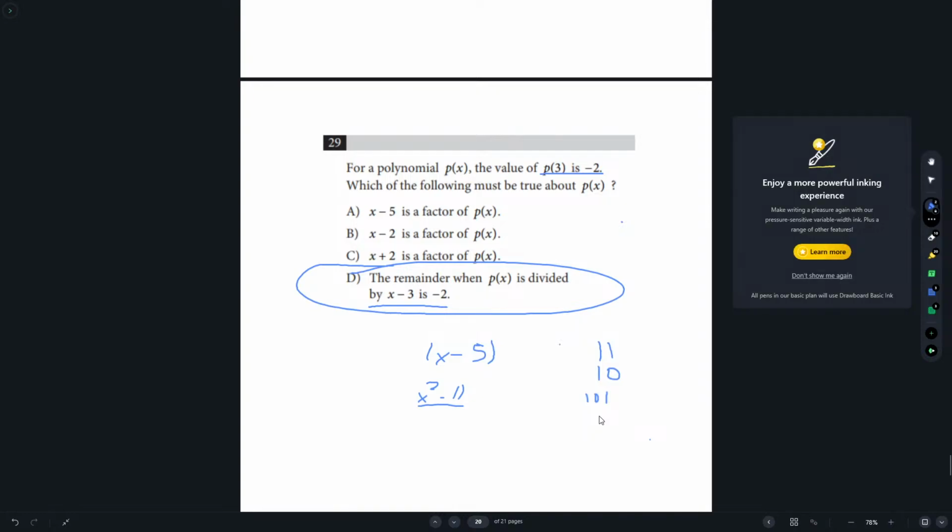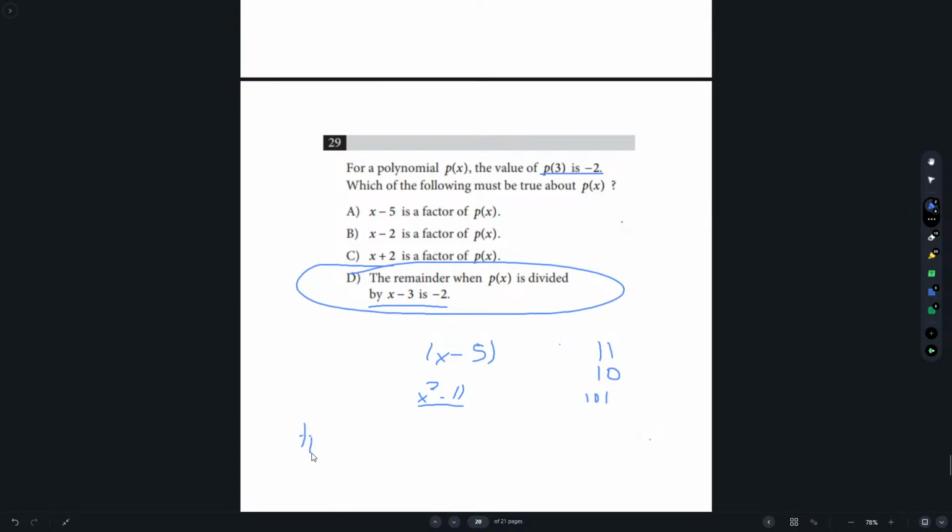Is it in the wording? 2 plus 11, 12. Is that how you spell 12? 12 plus 1? Is that the right way?